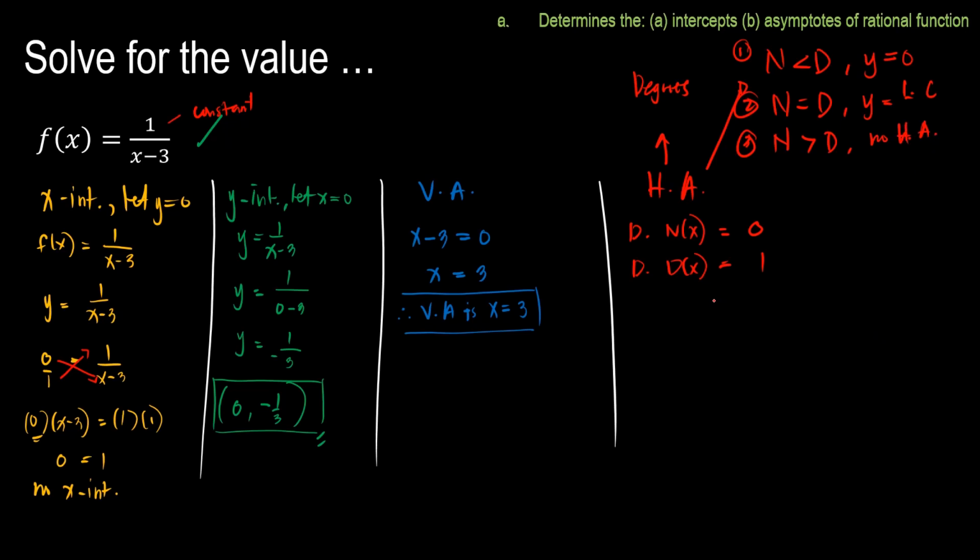Okay? So, since the degree of the numerator is less than the degree of the denominator, therefore, the horizontal asymptote is y is equal to 0. Okay? Kasi ang degree ng numerator natin ay 0, ang degree ng denominator ay 1. So, 0 is less than 1. Okay? Next.